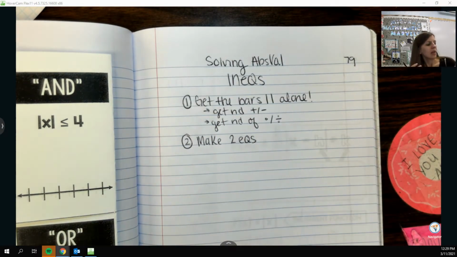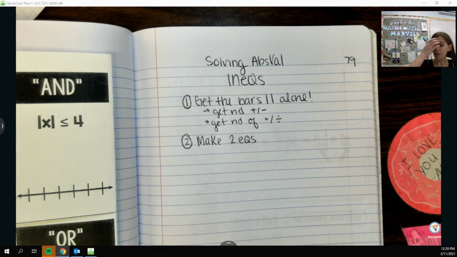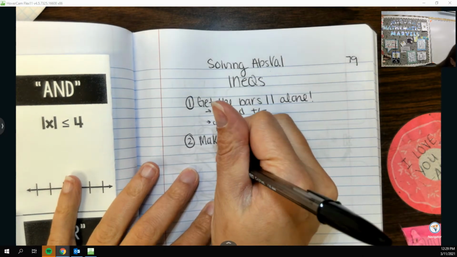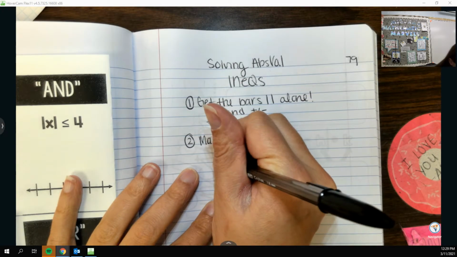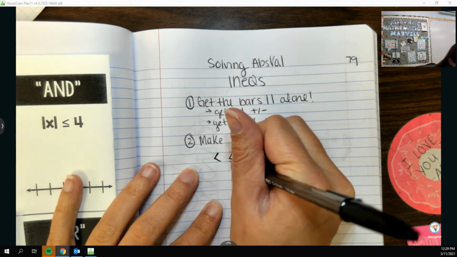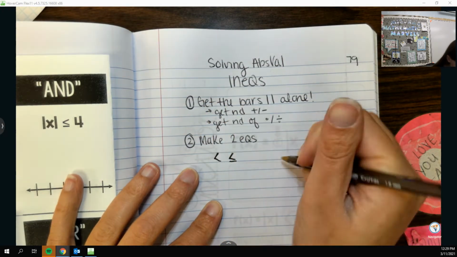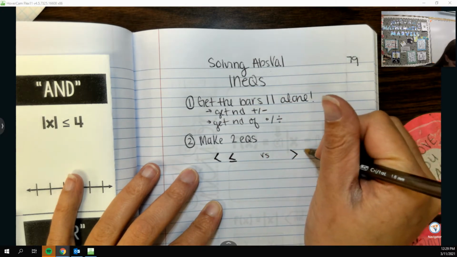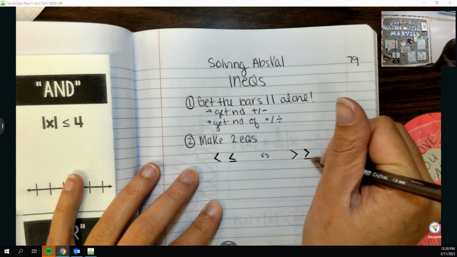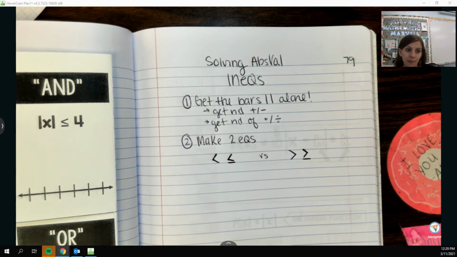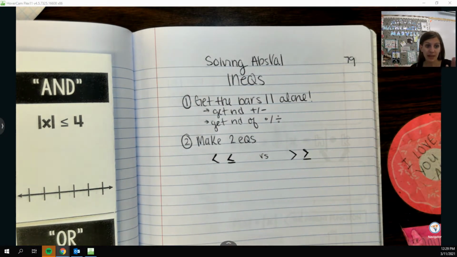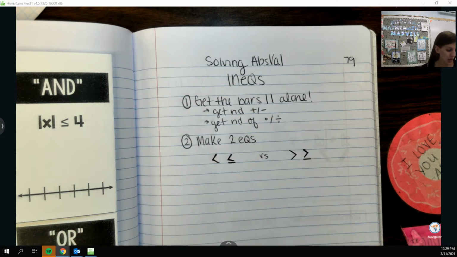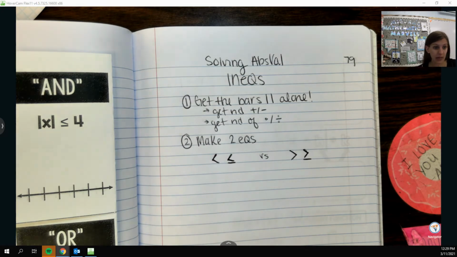And so the thing is, we got to think about those two equations now, because if you're looking at a less than or equal to versus a greater than or equal to, you will break them up the same way, but what happens is you get a compound inequality because you have two inequalities.